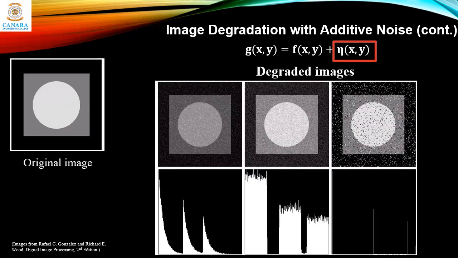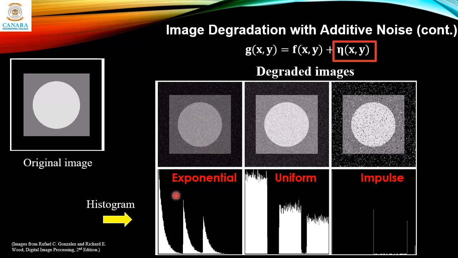Now another example, with exponential, uniform, and impulse noise. See here, for this image corrupted by uniform noise, it is quite evident in its histogram. It's totally uniform here, and nothing in between. And for impulse, you cannot exactly see it like this here, because one impulse function represents the 0 black pixel along the 0 line, so I'll mark it here.